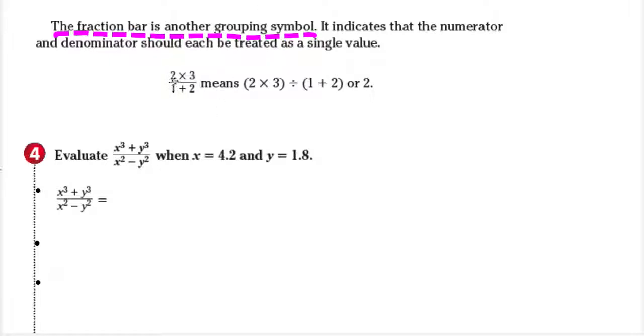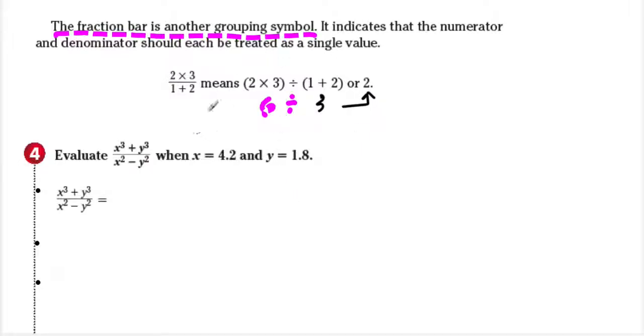If you look at 2 times 3 over 1 plus 2, this simply means parentheses 2 times 3, divided by parentheses 1 plus 2, and the quotient will be 2, because this becomes 6 divided by 3, and you end up with 2.